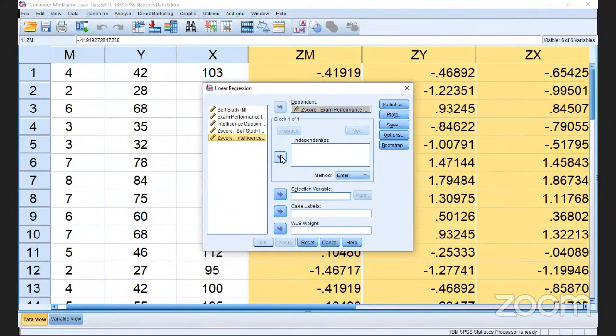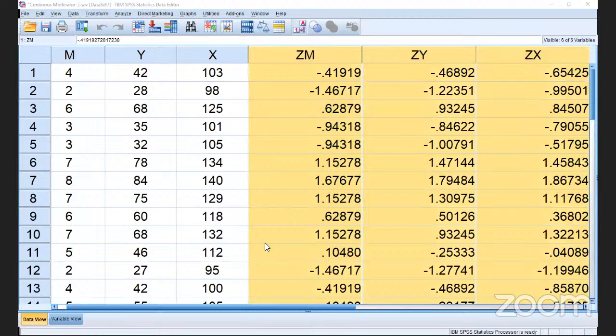So exam performance is the dependent variable and IQ is the independent variable, and then okay. This is my result. I'm showing you the result.